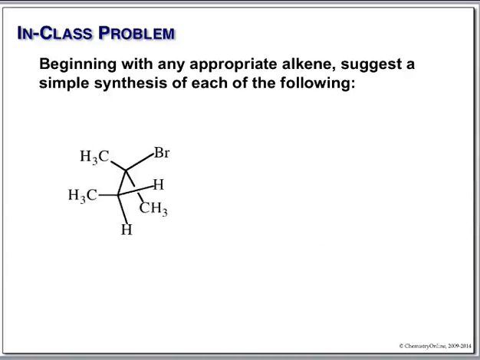All right, what kind of molecule is it? It's an alkyl bromide, isn't it? Is the bromine attached to the carbon that would give the most stable carbocation? Well, bromine's attached to a tertiary carbon. That's a secondary carbon.